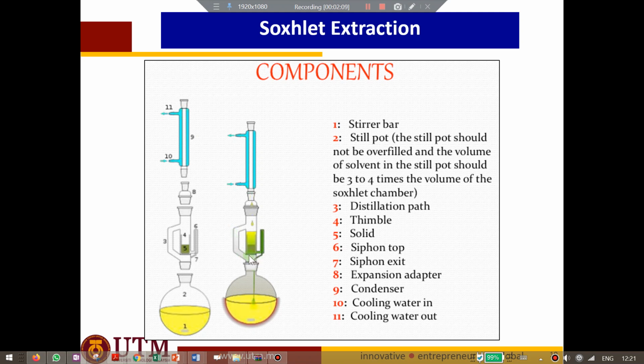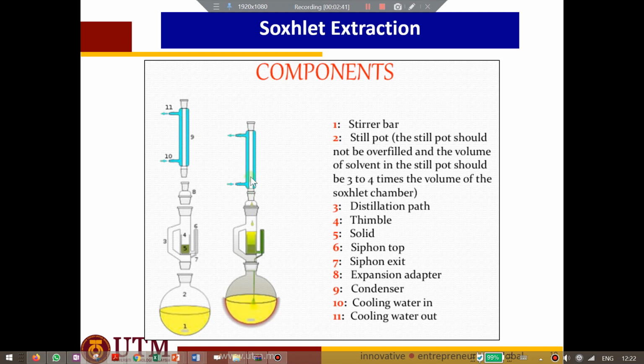I hope you don't misunderstand: between here there is actually a glass barrier to prevent the solid from going inside here, so it doesn't pass through. Your vapor of solvent will go through this pathway and go upwards, of course, because gas has less density.